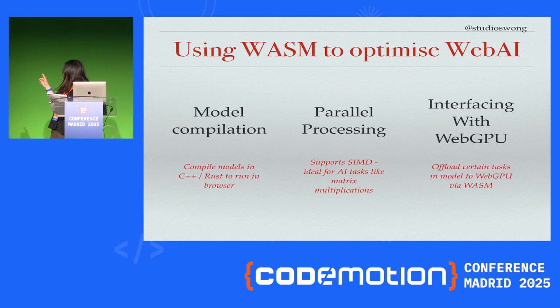Another part is that it can interface very well with WebGPU. So it can pretty much act as a bridge between all these high-level AI code within model processing or optimization algorithms and WebGPU. If you write model-specific logic in C++ or Rust and want to utilize the GPU, you can do so via WebGPU, and then use Wasm to offload all these GPU-based calculations to WebGPU to enhance the performance.